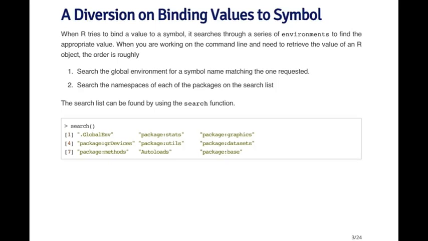Then second on the search list is the stats package, and the graphics package, the grDevices package. All the way down at the very end is the base package. Somewhere in this list of packages, R is going to look for a function called lm. And of course, if it's not in the global environment, then it will eventually find it in the stats package, which is the function that's used to fit linear models.